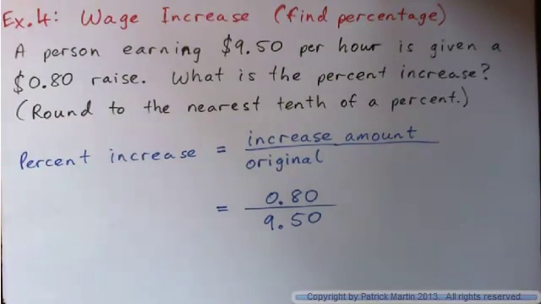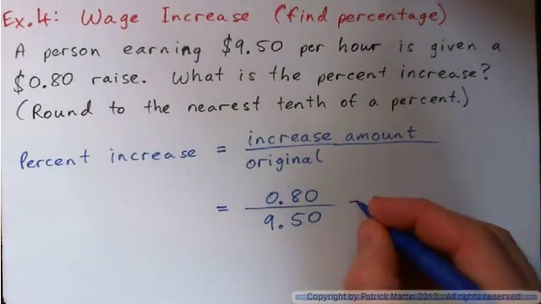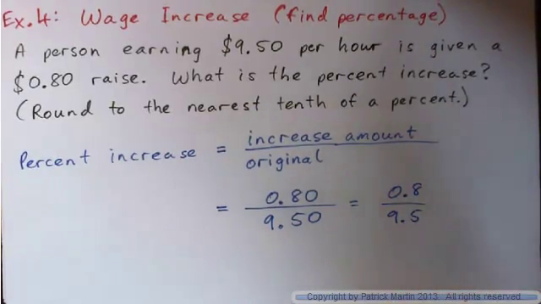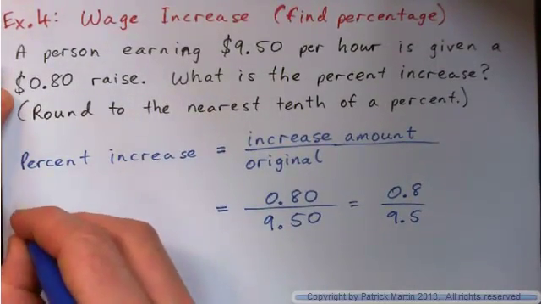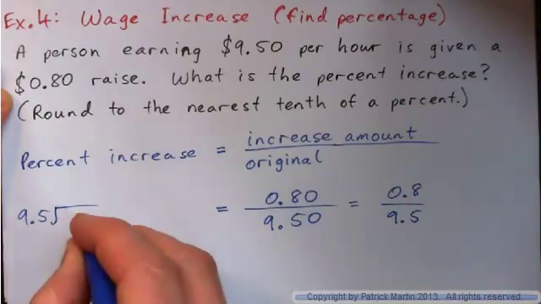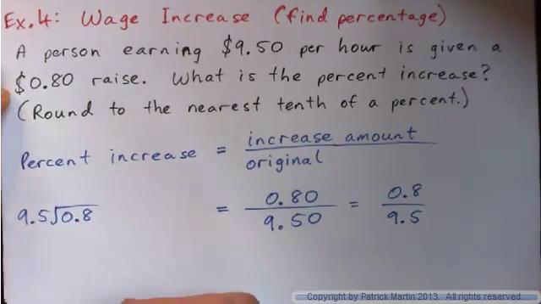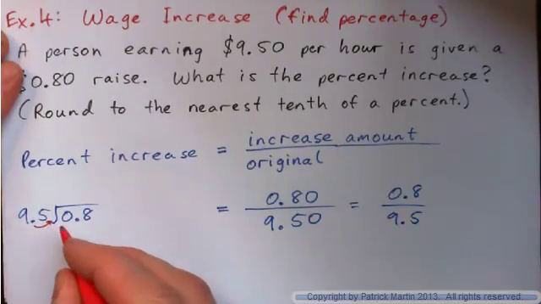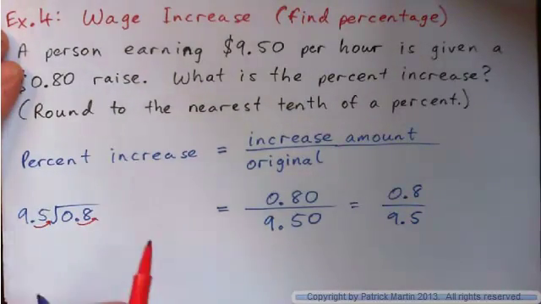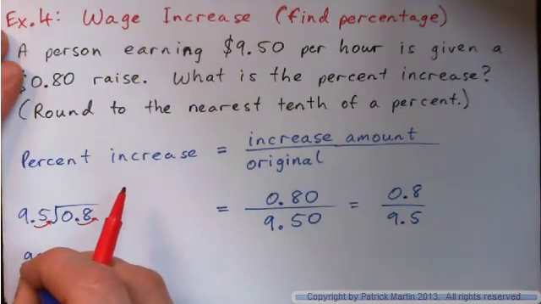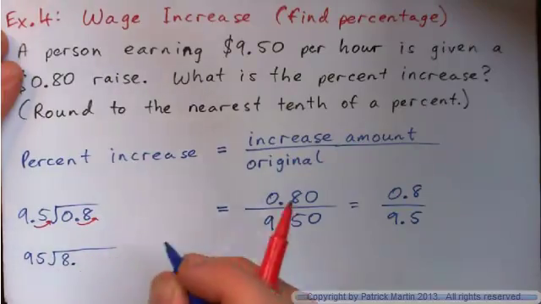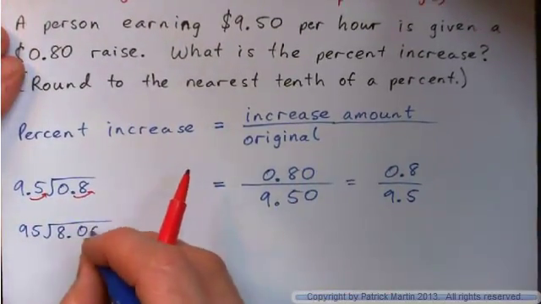Of course, this is exactly the same as 0.8 over 9.5. And if you were doing long division, you would have to do 9.5 into 0.8, right? And you might remember the trick that you move the decimal point over here, and then you simultaneously move that decimal point over here. So that becomes 95 into 8 point, and then you would probably want to add on a bunch of zeros.